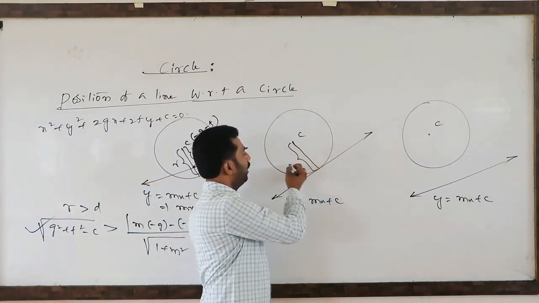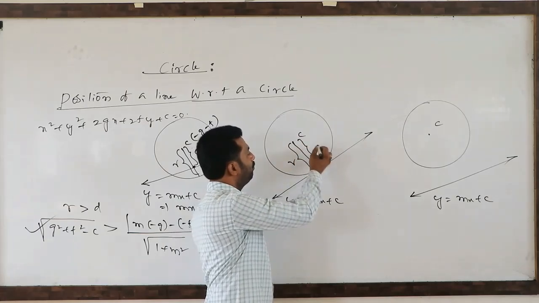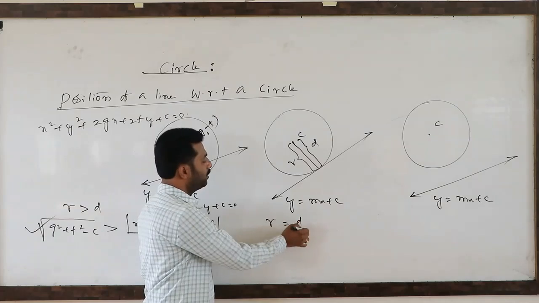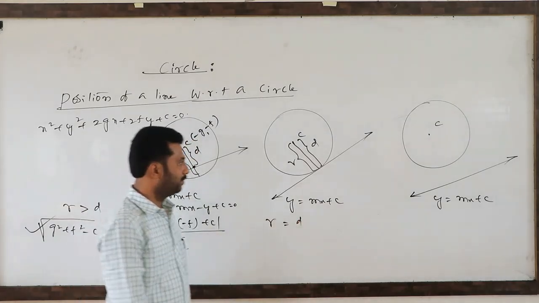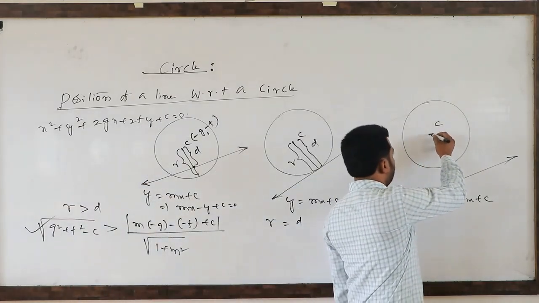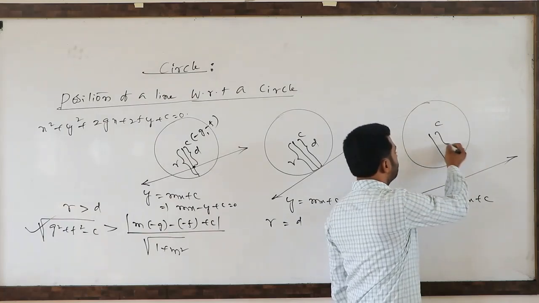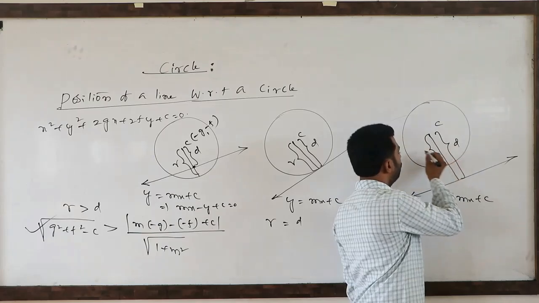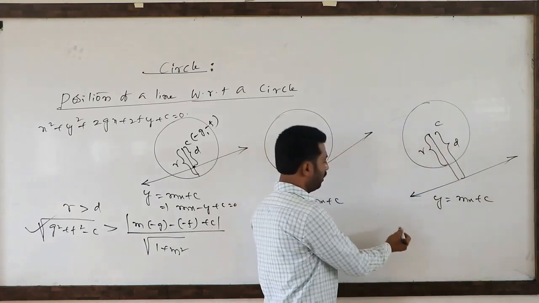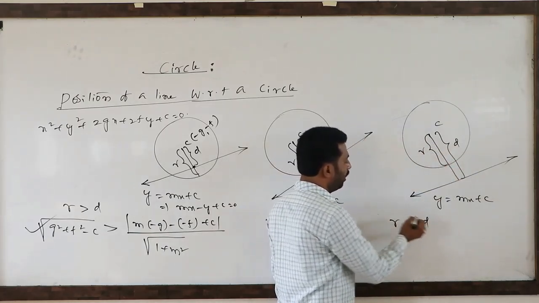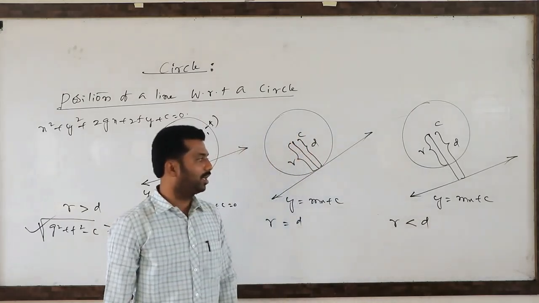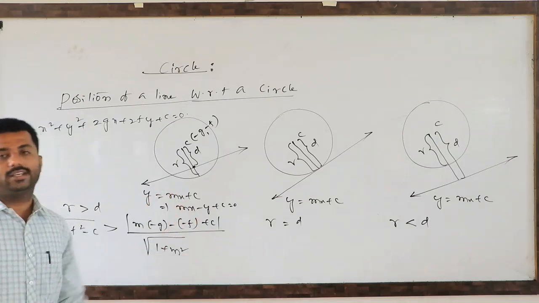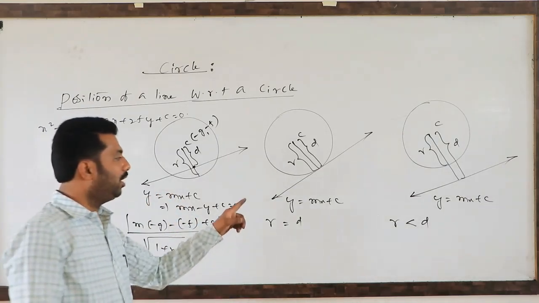This is the radius, and at the same time, this is the perpendicular distance. Both are the same. Radius is equal to perpendicular distance. You observe, this is the perpendicular distance, and up to here is the radius. So very clear, if the radius is less than the perpendicular distance, the line is completely outside the circle.